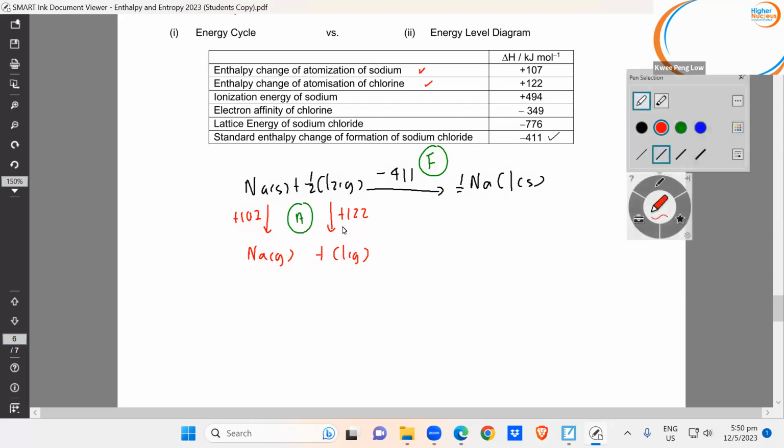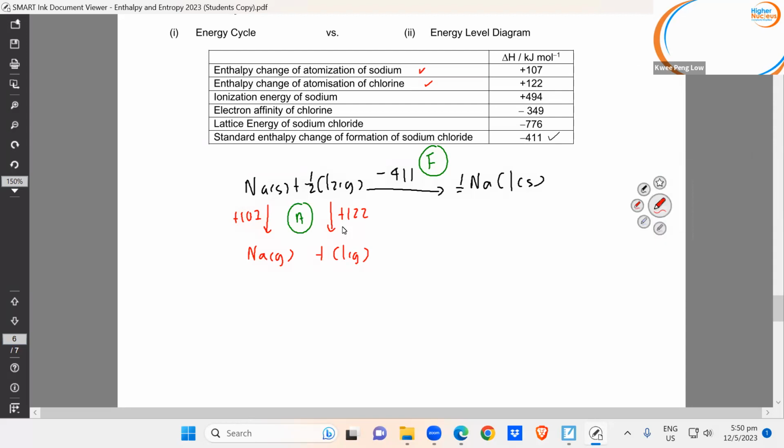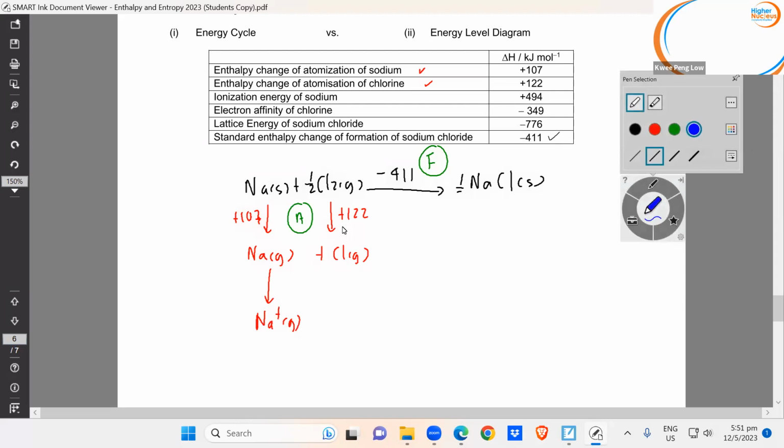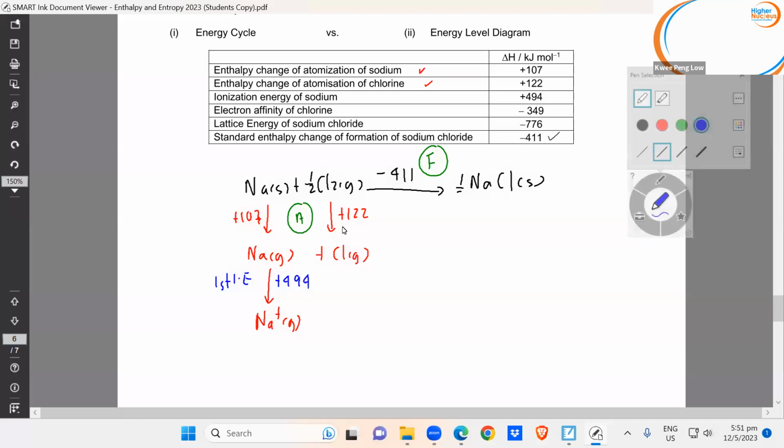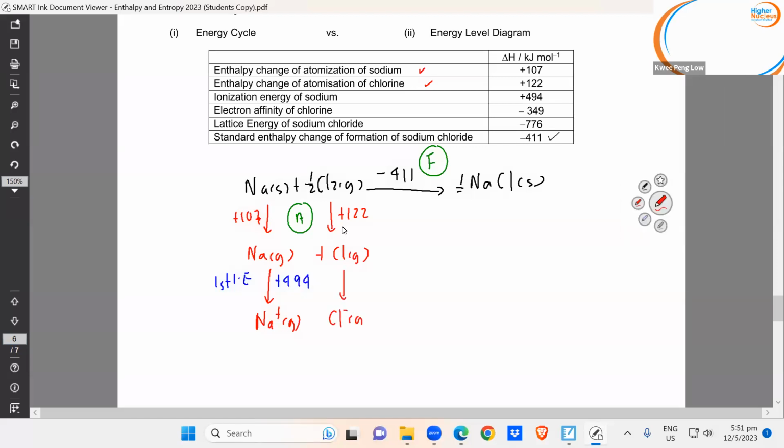Okay. Right after that, we do ionization. For ionization, there are 2 of them. First up, I'm going to change sodium gas to sodium plus gas. This is what we call the first IE, and the value is plus 494. I'm going to change my Cl atom to Cl minus gas.